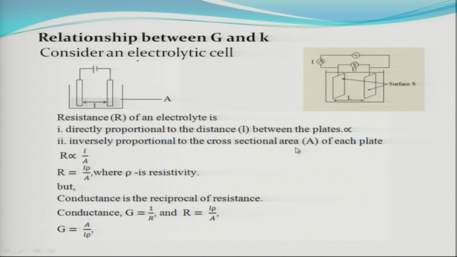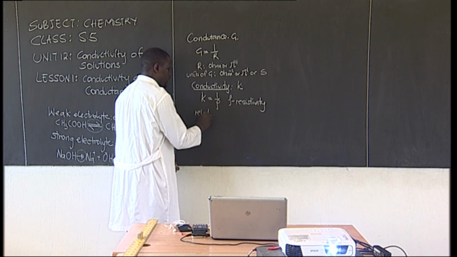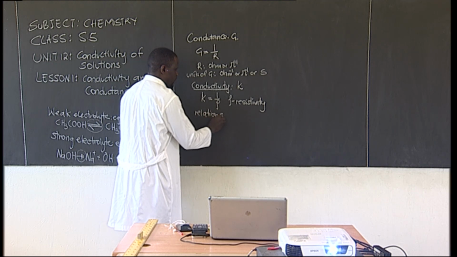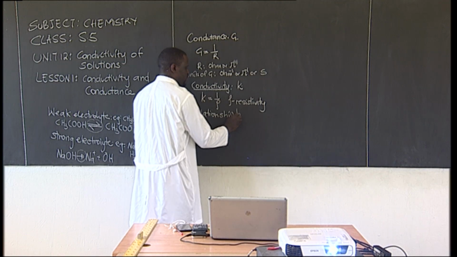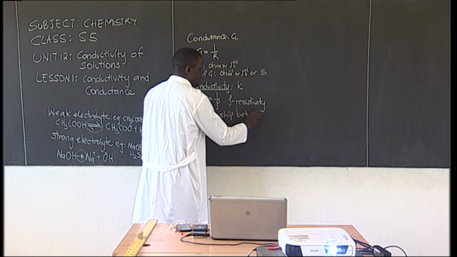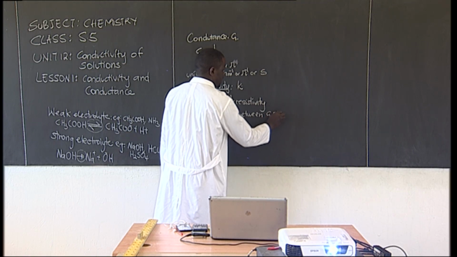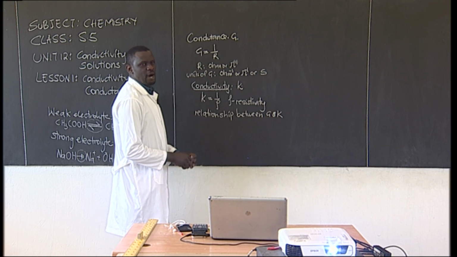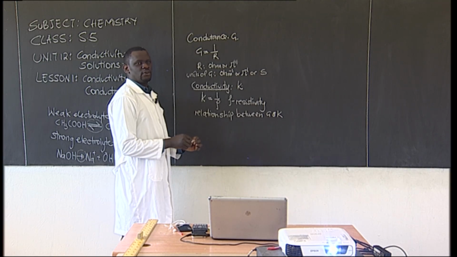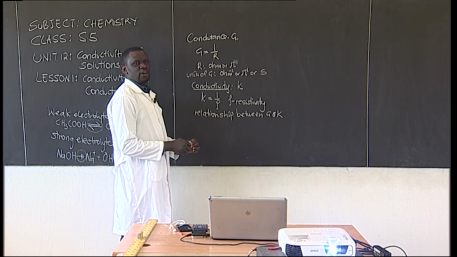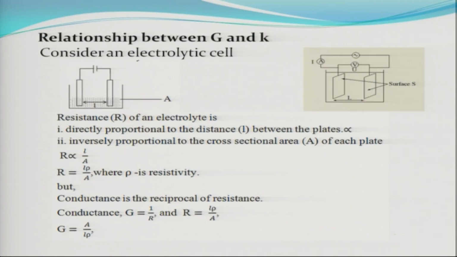So maybe we can illustrate it here better. We are looking at the relationship between G and K. We are going to get it from our illustration. What you see on your screen are diagrams to show you an electrolytic cell, or we can call it a conductivity cell.